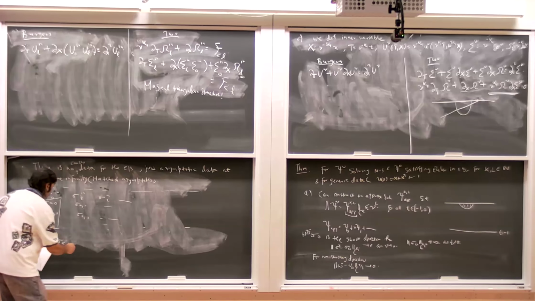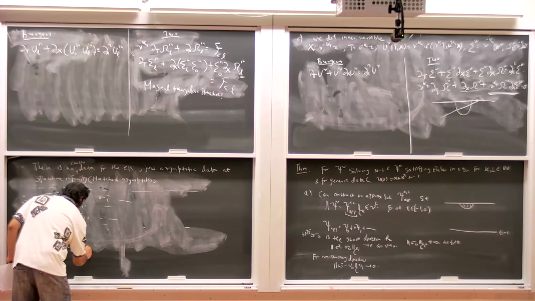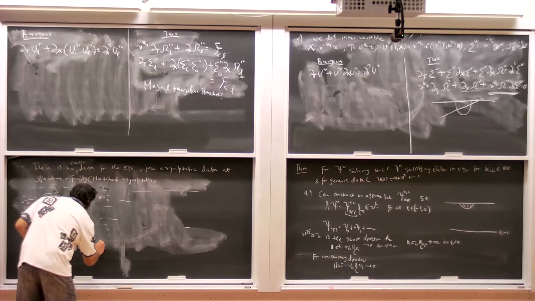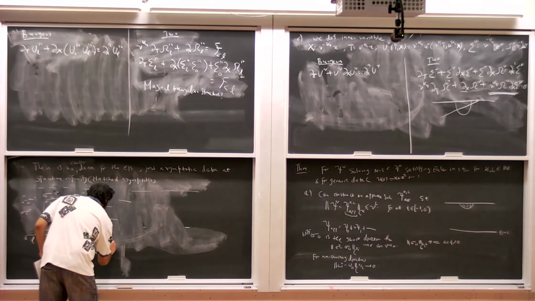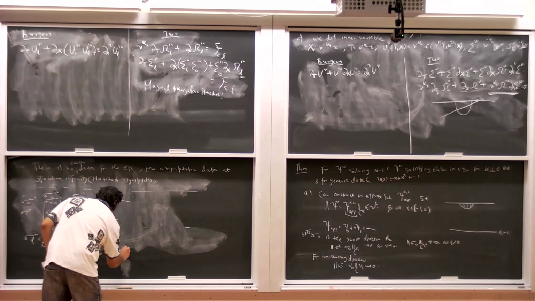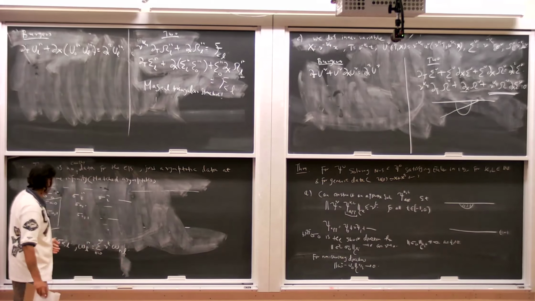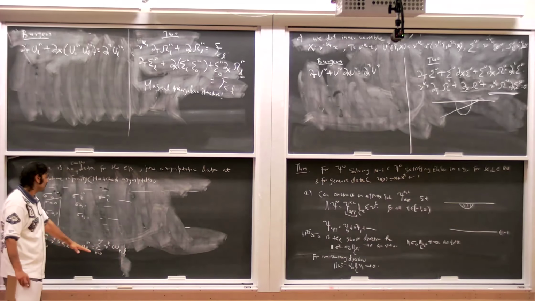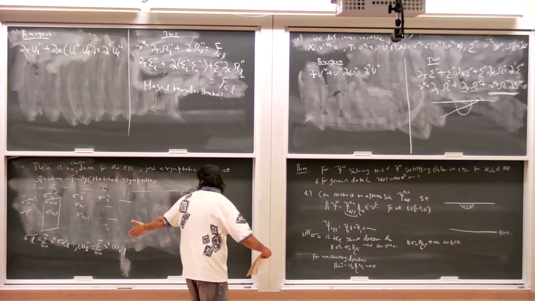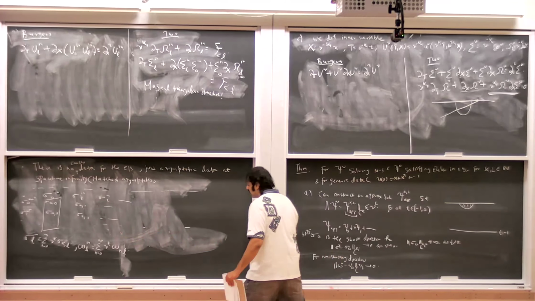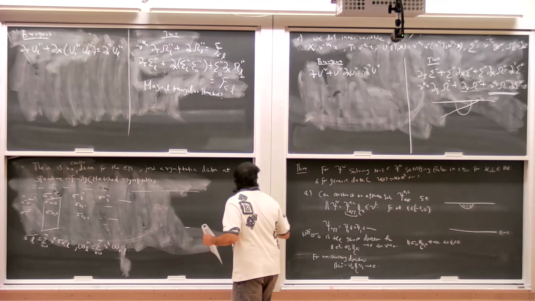And then the same for omega. This is an ansatz that I can put into these equations, and the equation that we get for sigma KL and omega KL will be the following.